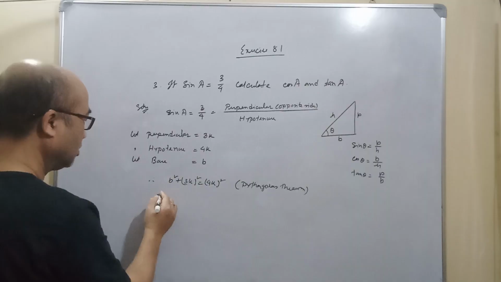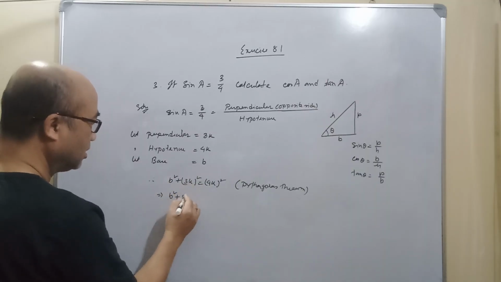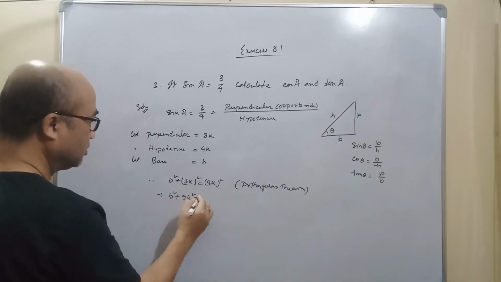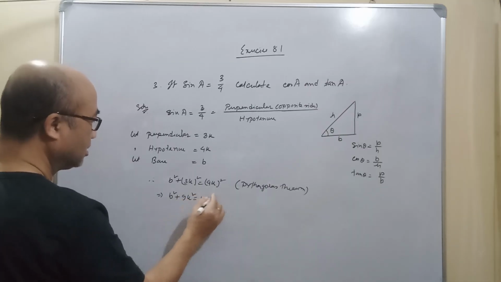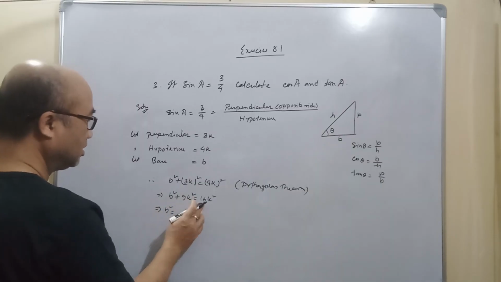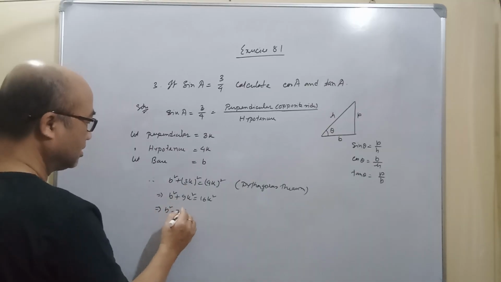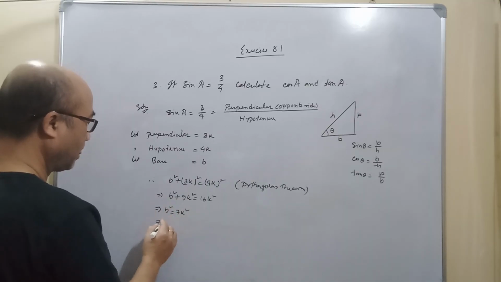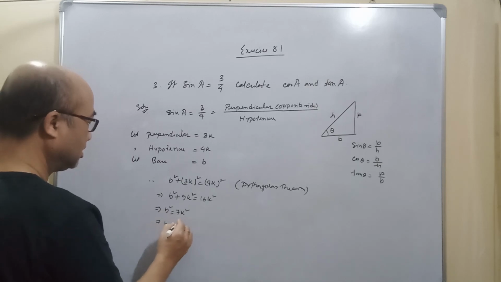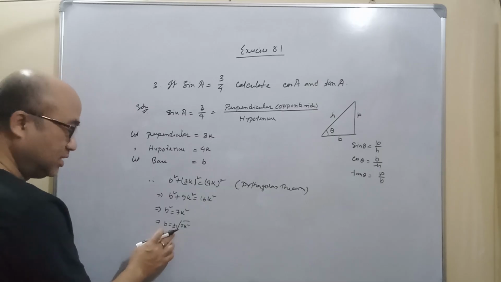So this is equal to 9k square plus b square equals 16k square. So b square is equal to 16 minus 9, 7k square. So b is the square root of 7k square, plus minus, but we take the positive value.